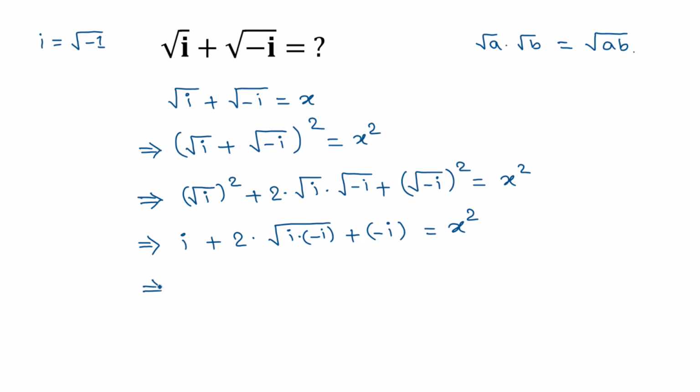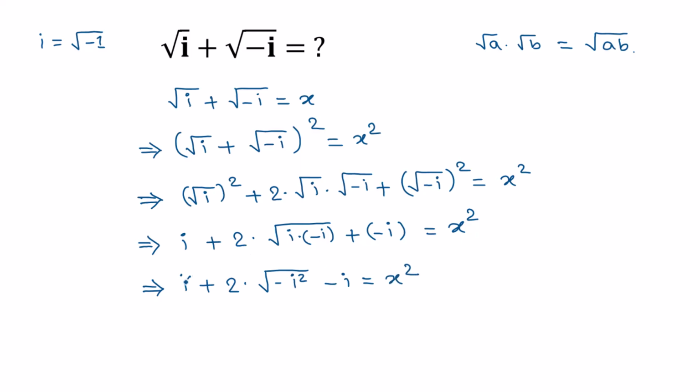Now i plus 2 times square root of negative, and i times i is i square, plus negative i, is equal to x square.